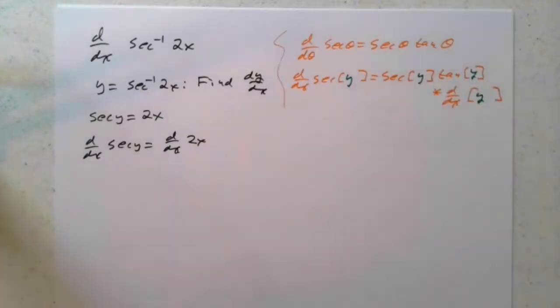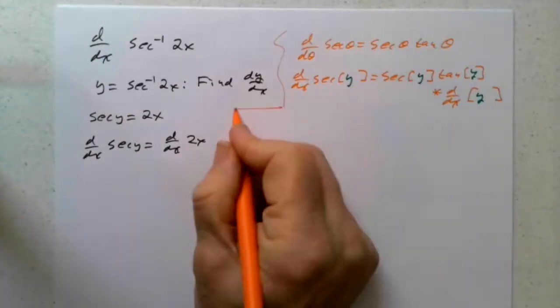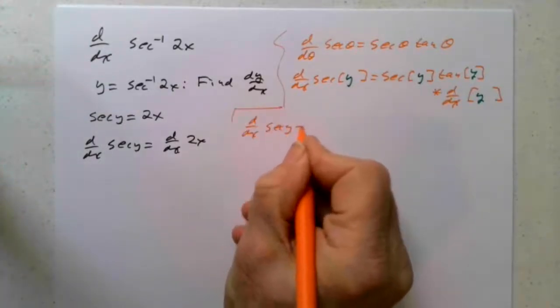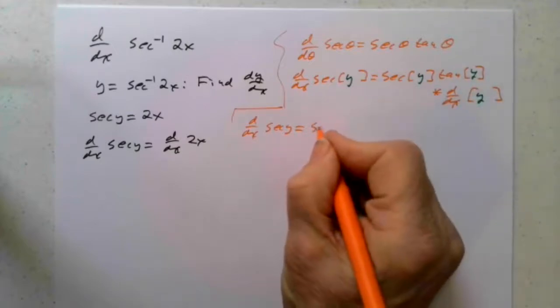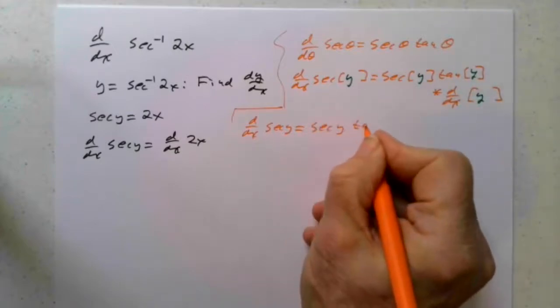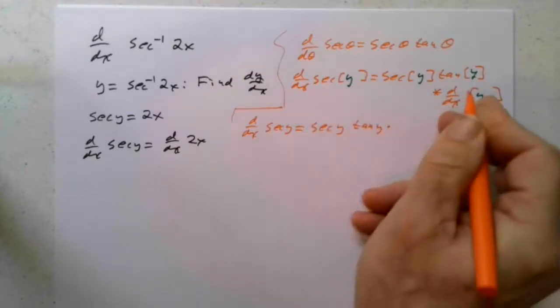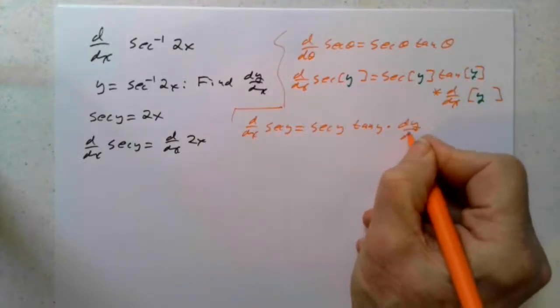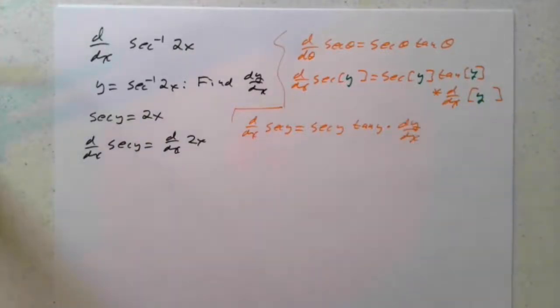So we wind up with the derivative with respect to x of secant y equals sec y tan y times the derivative with respect to x of y, which is just dy/dx. So we make that substitution here.